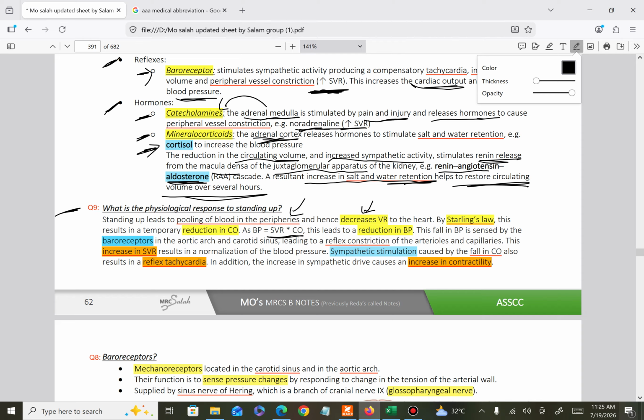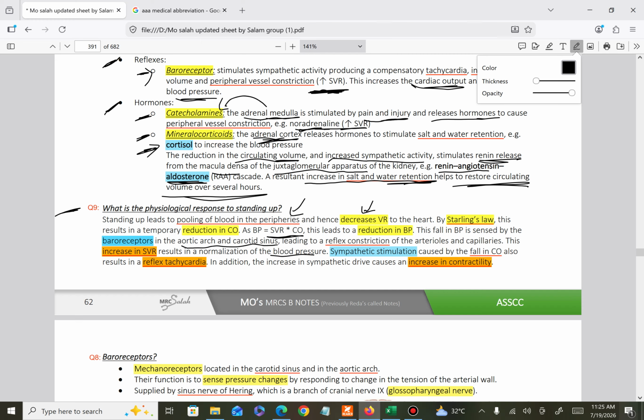This leads to reduction in BP. This fall in BP is sensed by the baroreceptors in the aortic arch and carotid sinus, leading to reflex constriction of the arterioles and capillaries. This increase in systemic vascular resistance results in the normalization of the blood pressure.